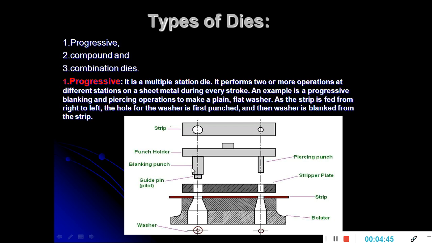When the diameter of the blanking punch is larger than the diameter of the piercing punch, the required size of round material is blanked here, and the cutting is done, and the part is separated from the sheet metal.